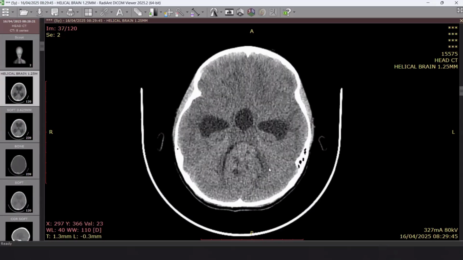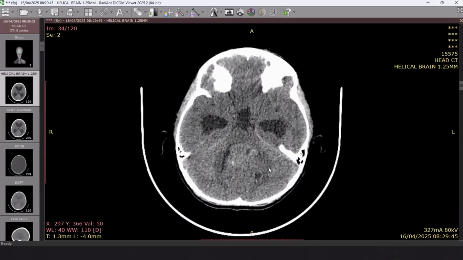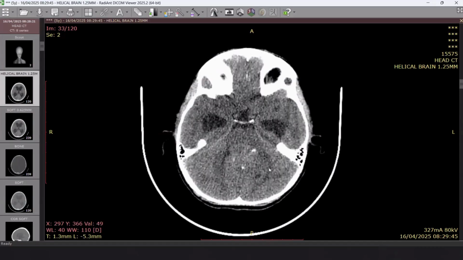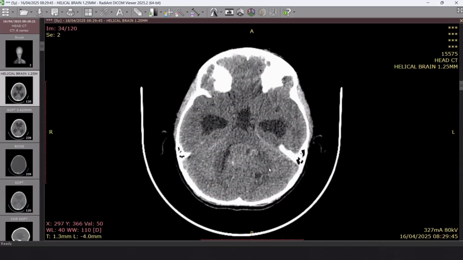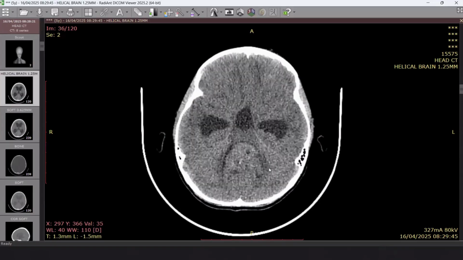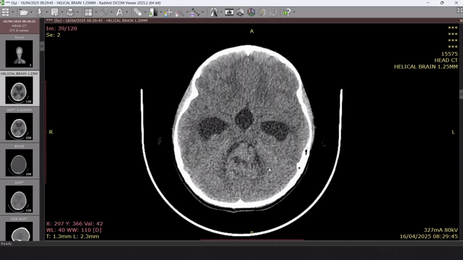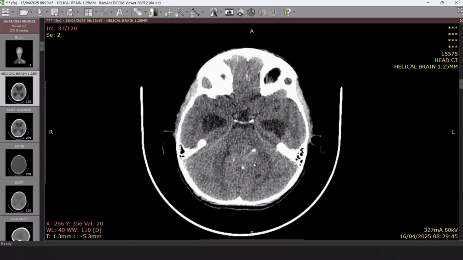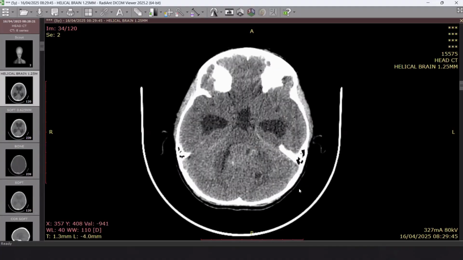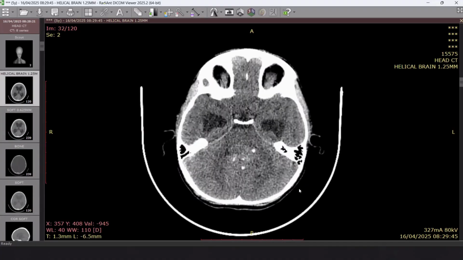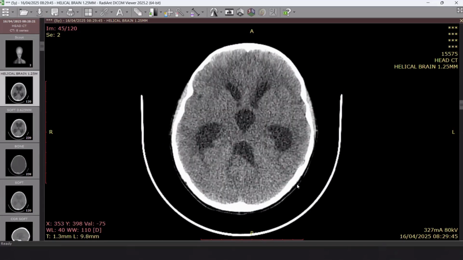As you said, the fourth ventricle is seen distended or expanded by virtue of a large heterogeneous space occupying lesion, and the lesion shows some cystic spaces, hypodense cystic spaces. Also, it shows a few calcific foci, and the lesion appears slightly hyperdense in relation to the rest of the brain tissue.